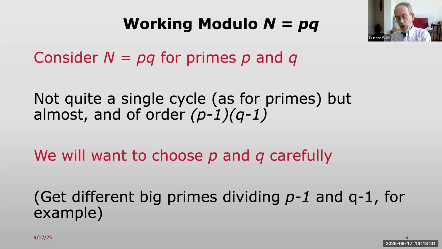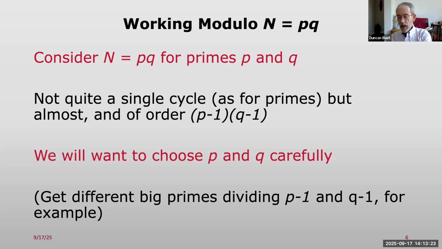There are bad choices for the primes, but there are general rules for choosing good primes P and Q. And if P minus 1 and Q minus 1 have lots of factors that are the same, then the cycle that you get is not very interesting.